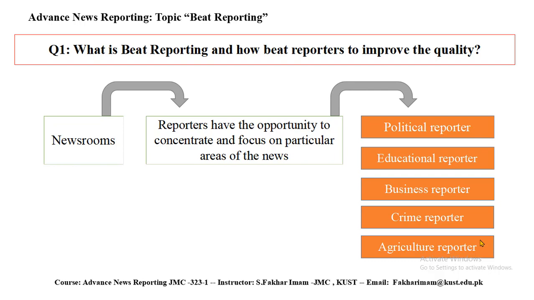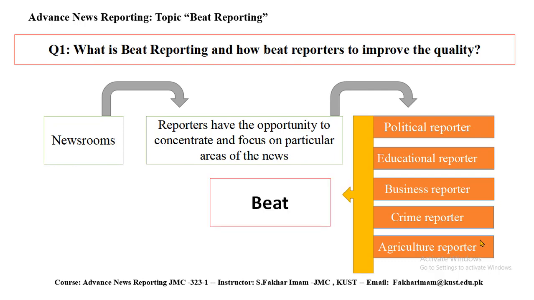Basically, these areas are called beats. Why? Because journalists visit all of their areas on a regular basis and collect information for their media organizations, such as print media, electronic media, TV or radio.